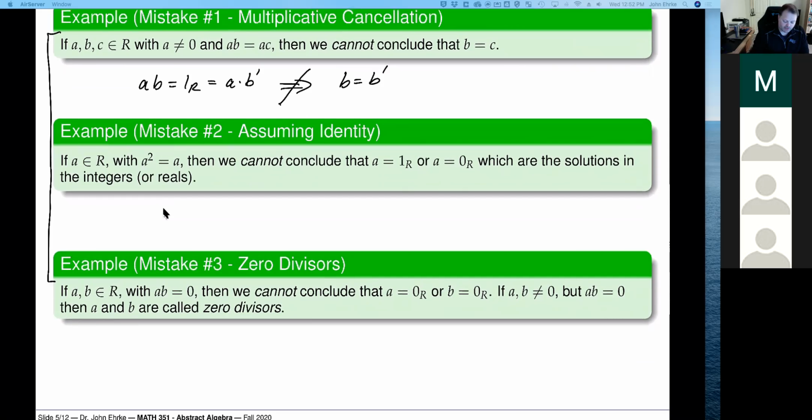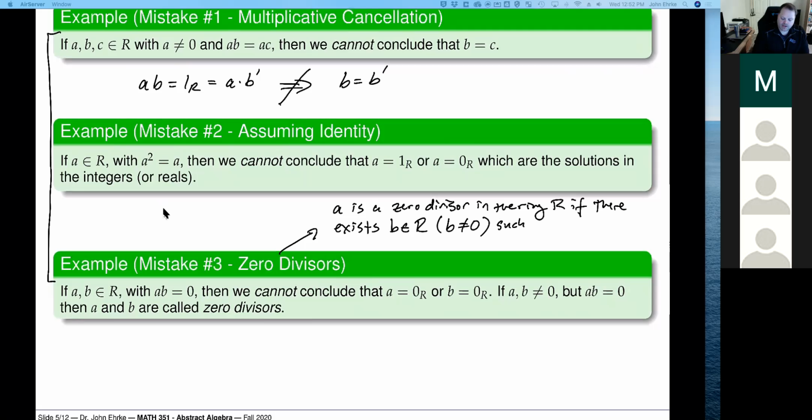So this is a new definition for us, a zero divisor. A is a zero divisor in the ring R if there exists an element B in R where B is not 0, such that A times B is 0.